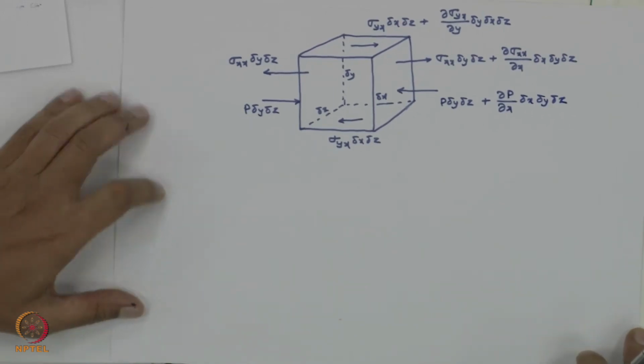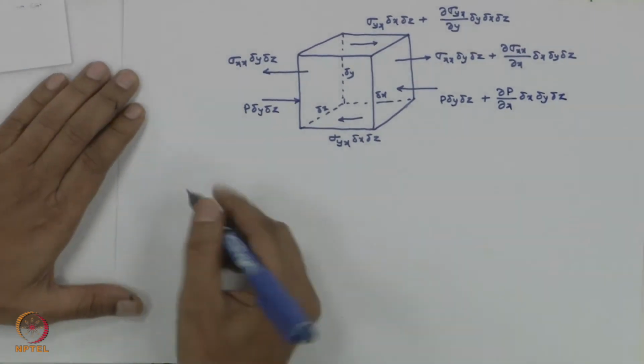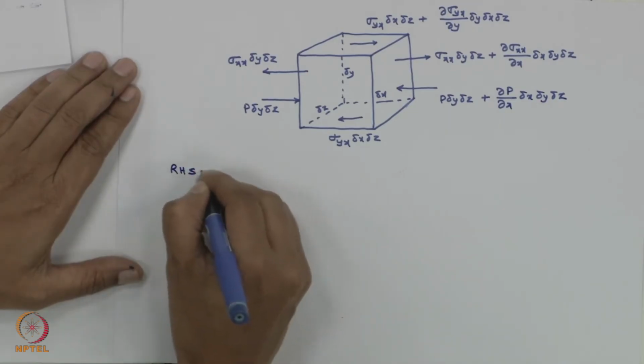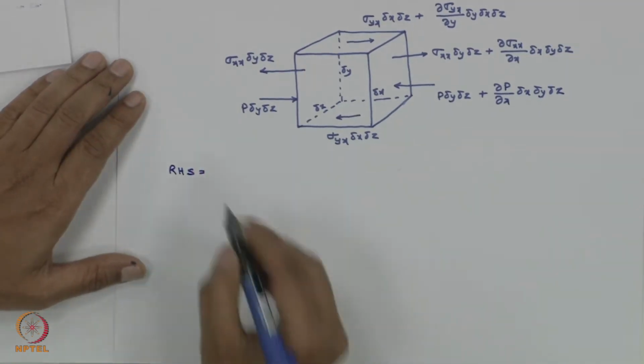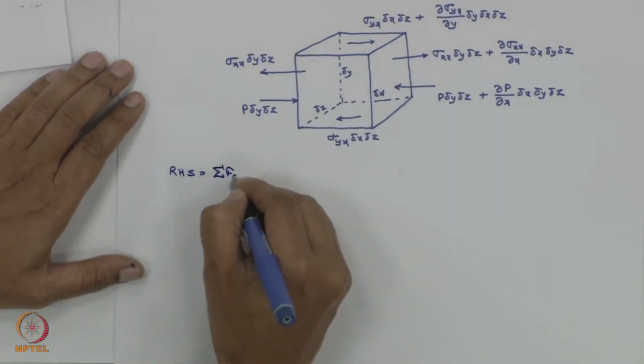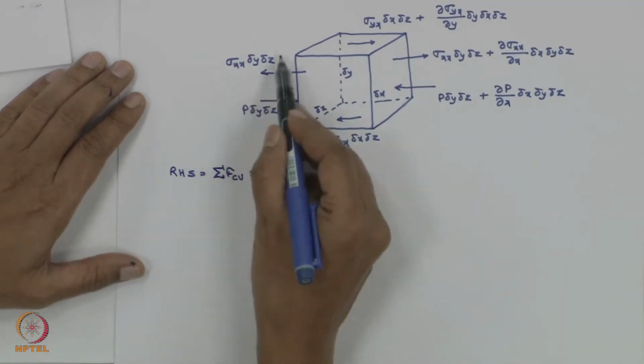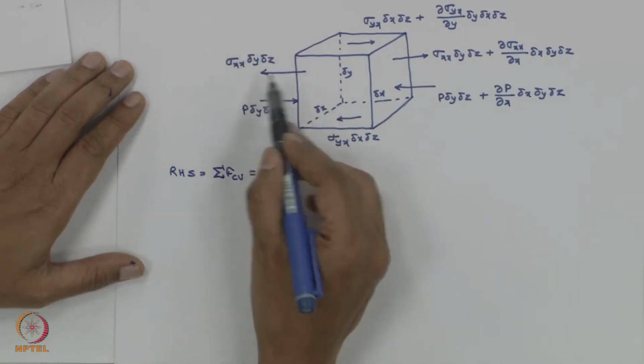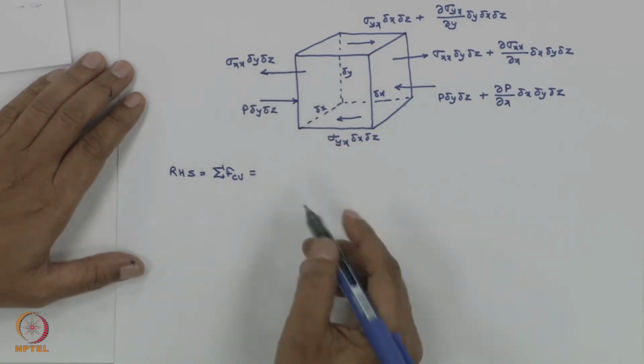Now if you just do this bookkeeping, so that is right hand side equal to sigma F CV equal to this pressure, this force is acting from right to left. So according to our coordinate system, it's going to be negative.